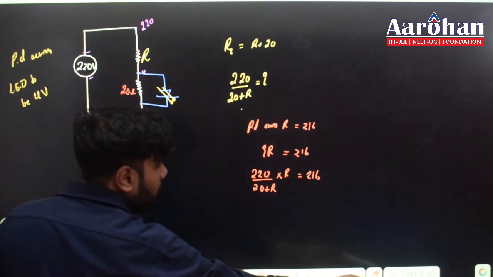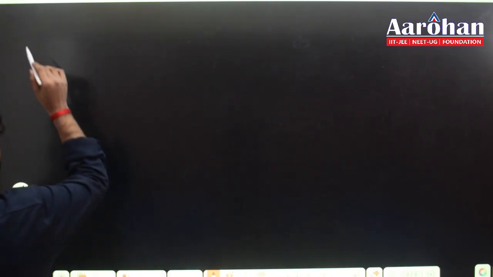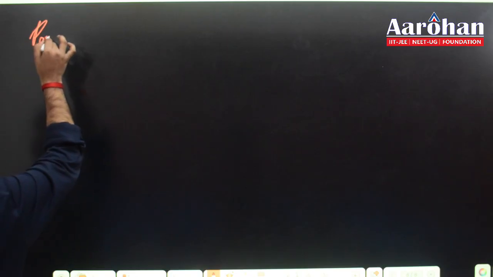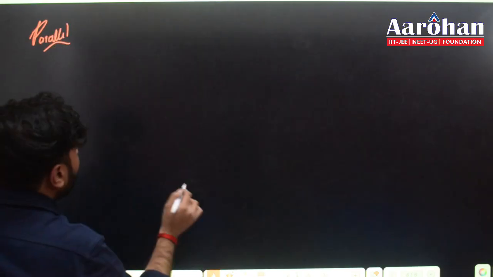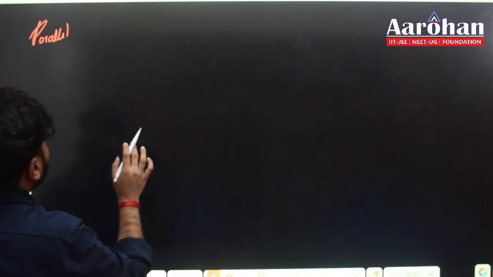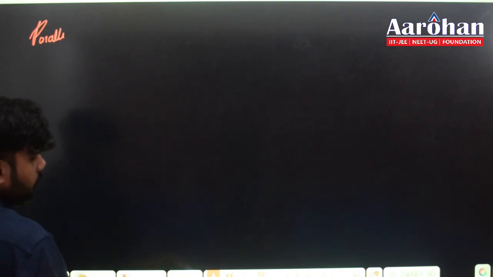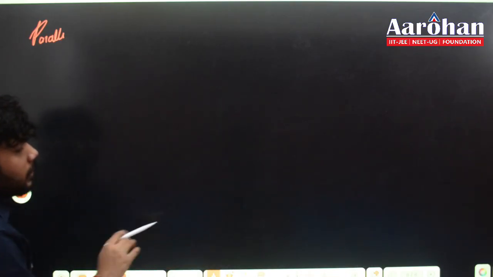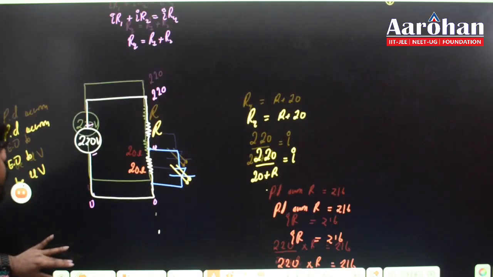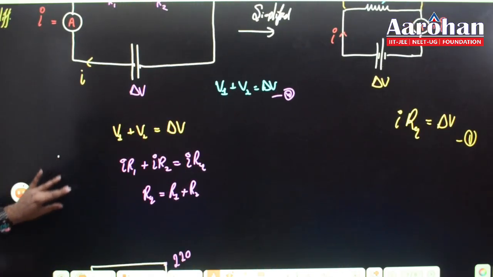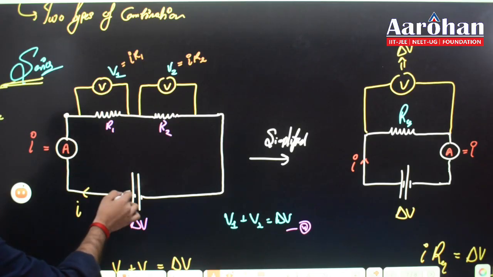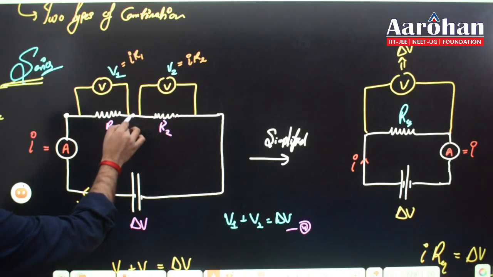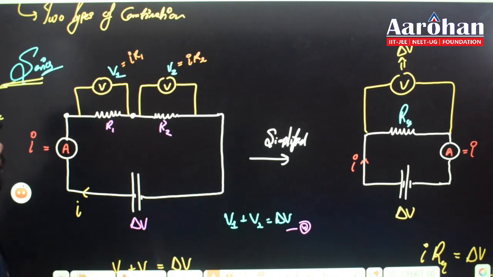Then we will discuss one combination, and that is parallel. Okay, one more thing before we proceed. Another way to understand series: if you have two resistors and one end of a resistor is connected to a battery or something, and its other end is connected to a common point.